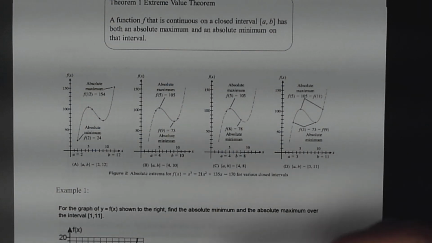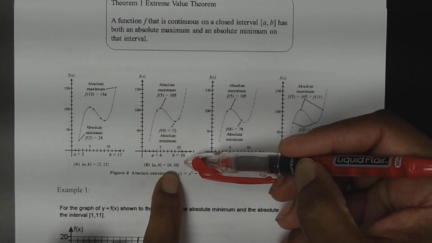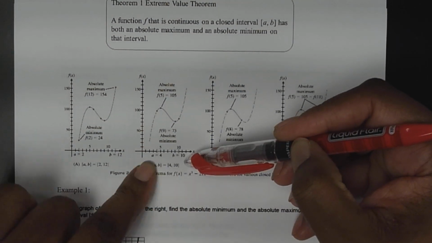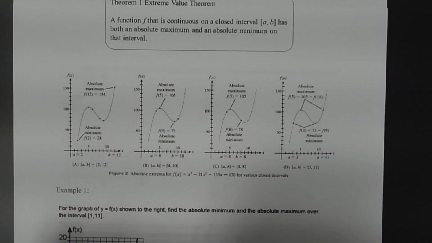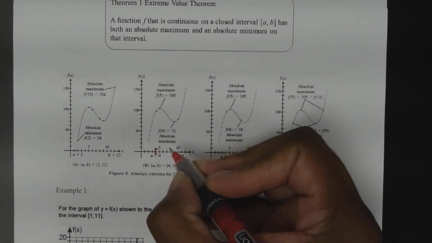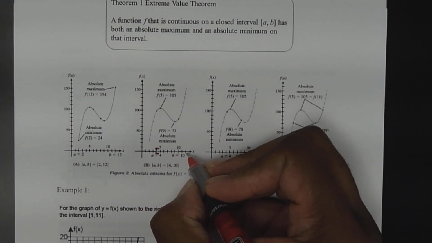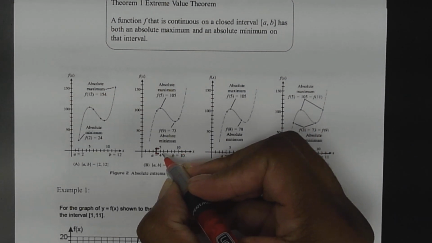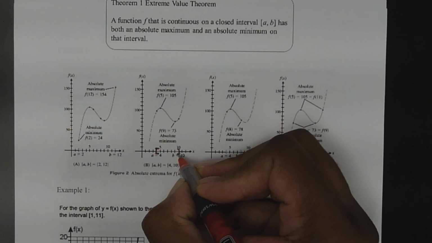Now, if we restrict it a little bit more from 4 to 10, for that same function f of x, here's 4, and the other one is 10.